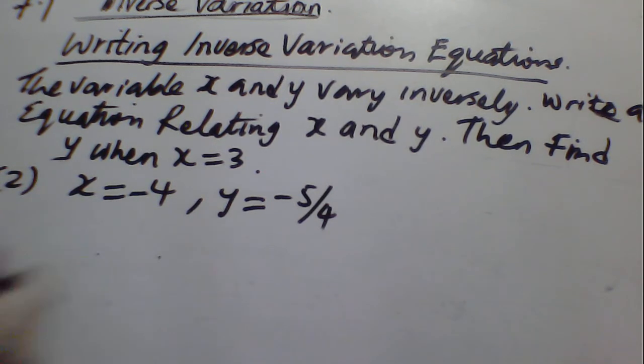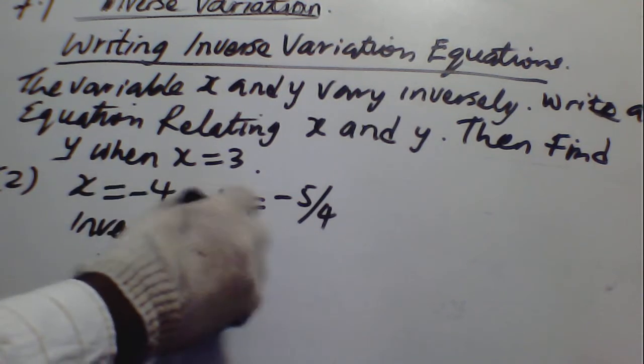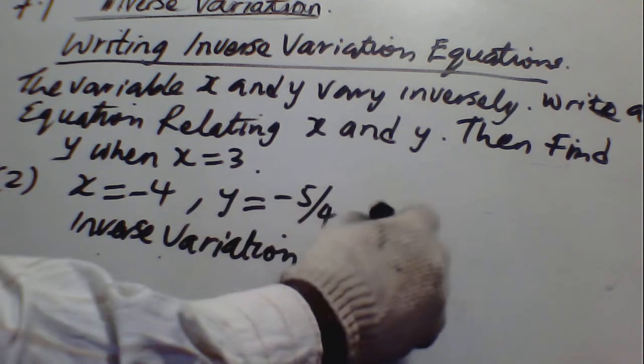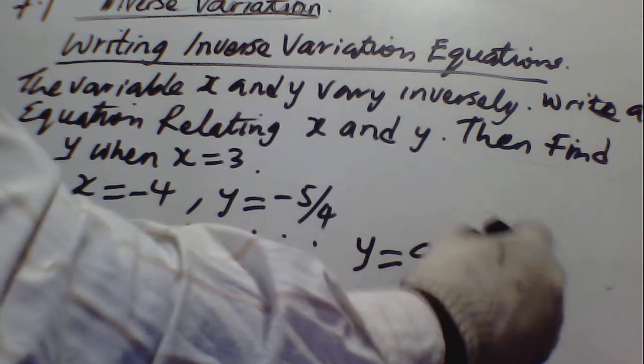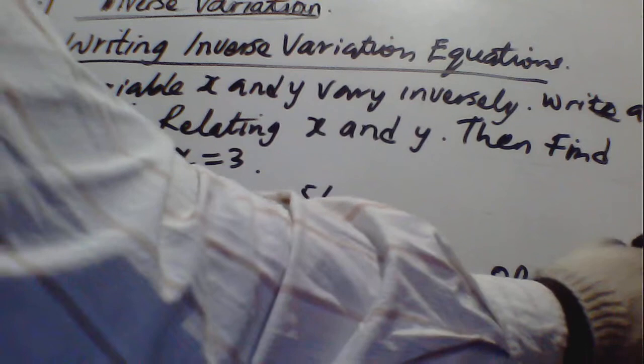So we know that for inverse variation, we have y is equals to a over x, or yx is equals to a.